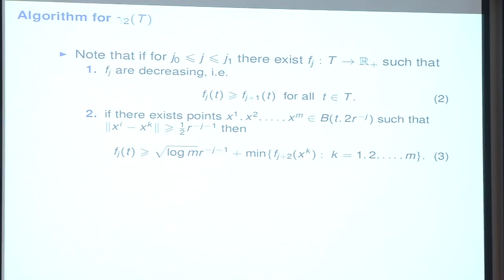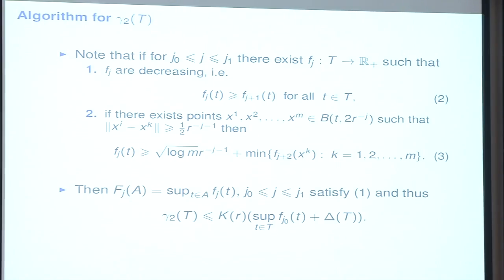Then we need the following growth condition to work: f_j(t) must dominate the following quantity. And then we can show, and I will show it in a second, that the whole idea works. If we consider f_j(A) as the supremum over this family of functions on the set A, this functional satisfies the growth condition. That's what the idea is based on.